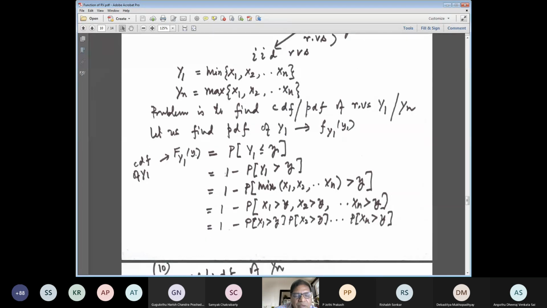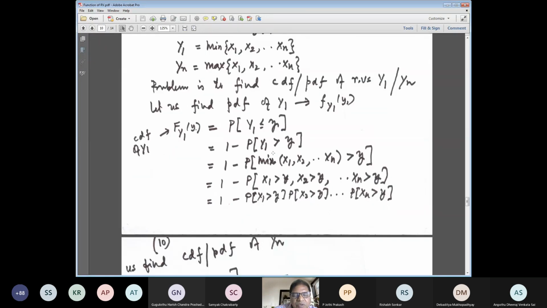So we can write it in complementary form: Y1 is greater than y. In place of Y1, we write the minimum of X1, X2, ..., Xn is greater than y. Remember that these are independent random variables.